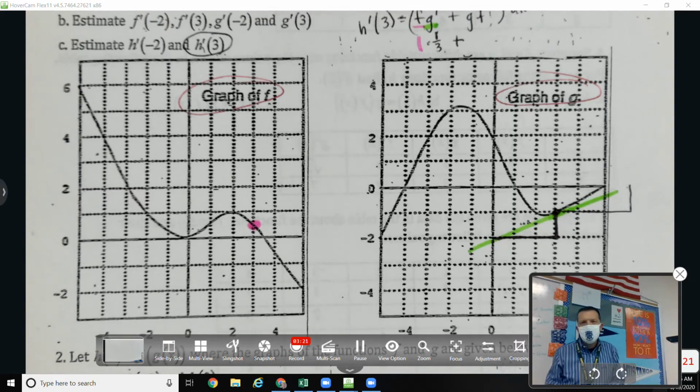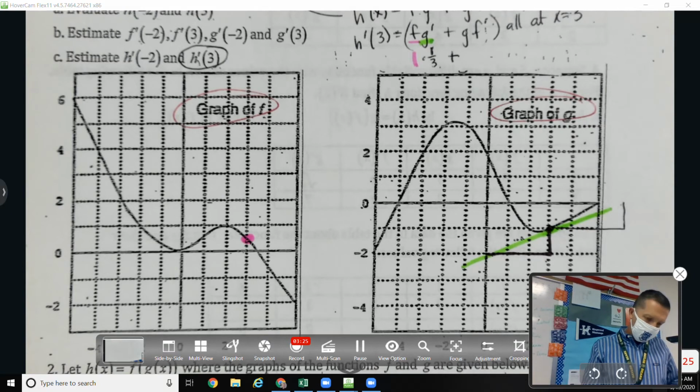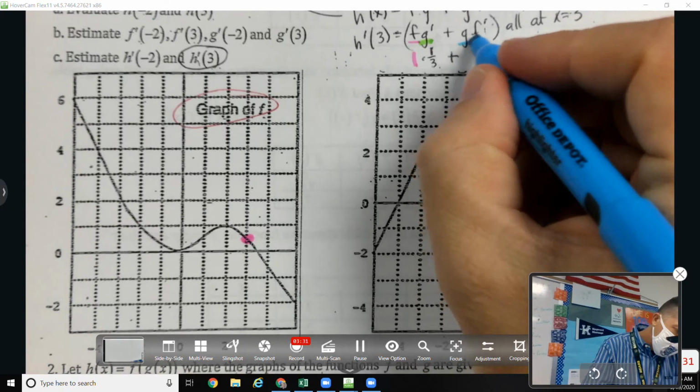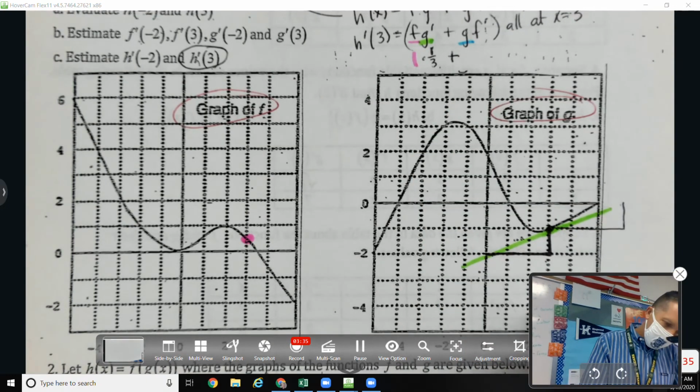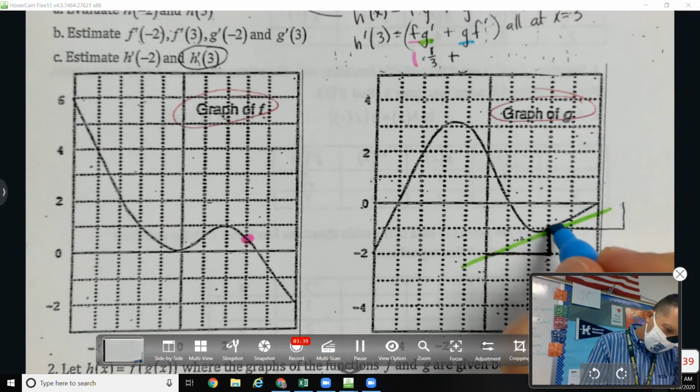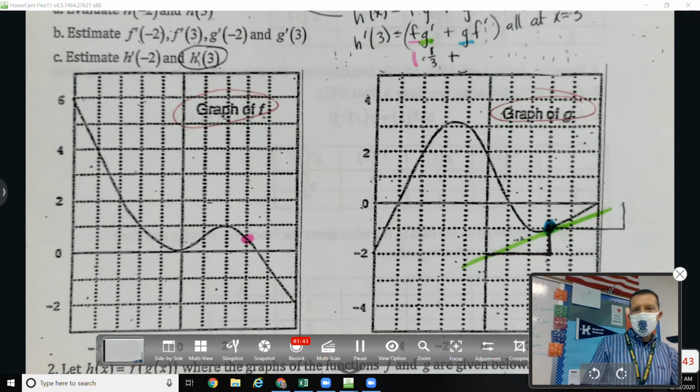That's why it says estimate. All right, plus, back to my formula, g at 3. Okay, so just the function value of g at 3. That's right where we were, but we just want the y value there, so that's -1.